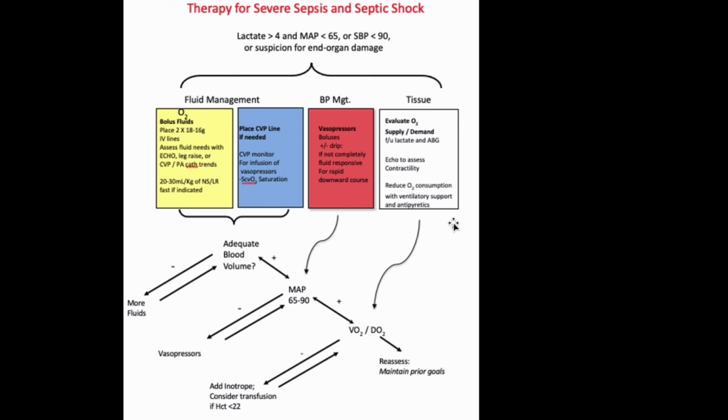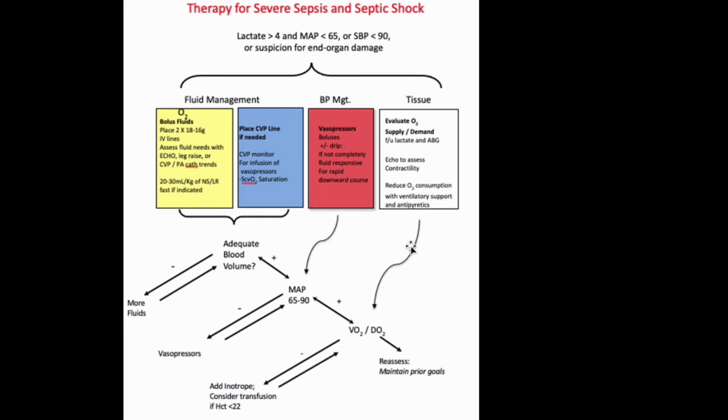And then you'll implement various strategies to support contractility, if they need inotropes, if function looks poor, thinking about hematocrit and bringing the hematocrit up if it's inadequate, and even minimizing oxygen consumption with the use of sedatives, analgesics, and even mechanical ventilation if they're using an extreme amount of oxygen to try to maintain a normal pH. And so I think about this as things you're doing all at once.